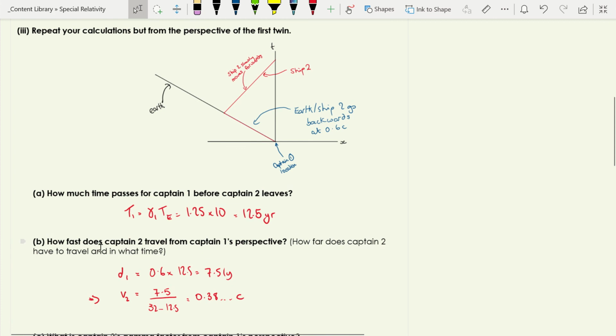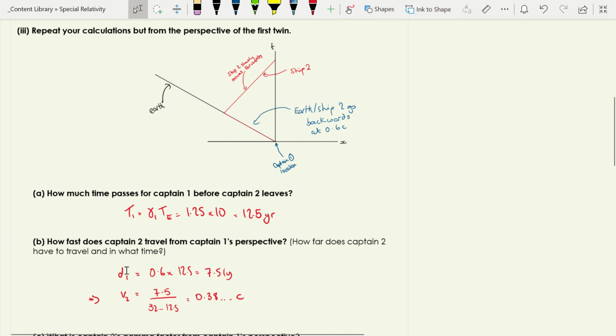So how fast does Captain 2 travel from Captain 1's perspective? And we can do this by figuring out, from Captain 1's perspective, which is what we're looking at, how far does Captain 2 have to travel, and then how long do they have to travel, and we can then figure out the speed.